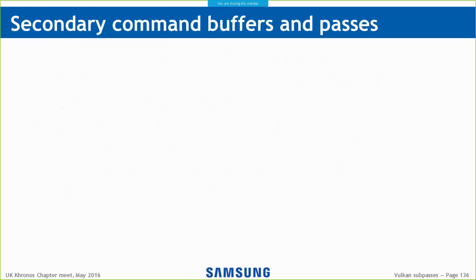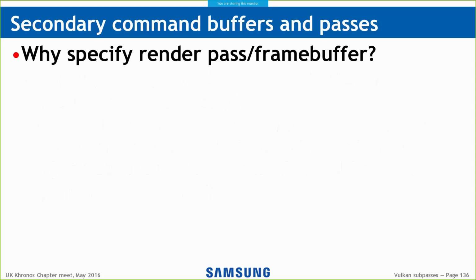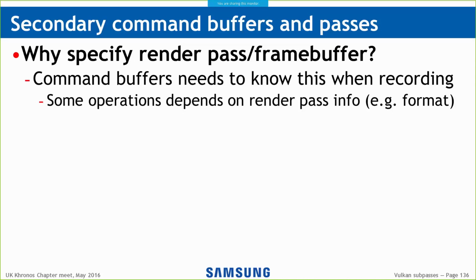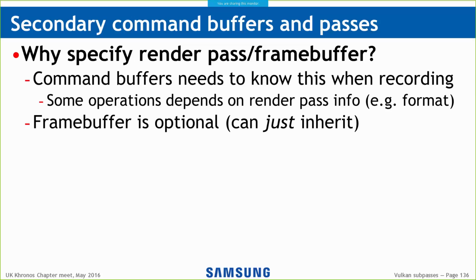Why do we need to specify the pass when you're generating the secondary command buffer? That's because the operations being performed by the GPU in the secondary command buffer will depend on things like format, so you need to set all that up. And as I said, the frame buffer is optional, so if you provide it, then a fast path might happen, but otherwise you have the option of having the secondary command buffer work with multiple frame buffers.